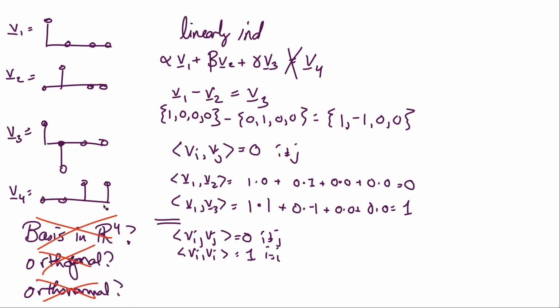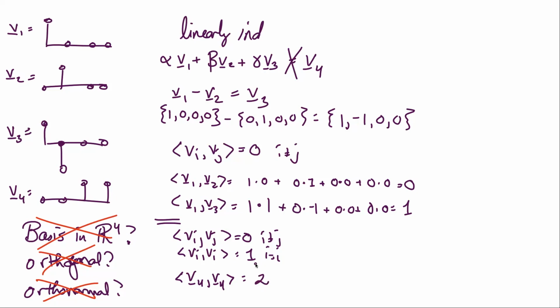But I want to point out also that these vectors don't have a norm of 1 either. So, for example, v4 and v4, that's going to be equal to 2.